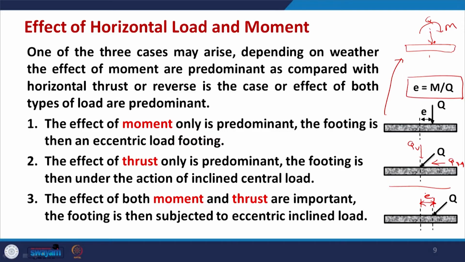You are replacing the moment with eccentricity, and eccentricity can be worked out with the given value of moment and Q. Here you need to understand that in the given problem you have a vertical load Q acting at the center as well as moment M acting at the center, which is equivalent to a vertical load acting at eccentricity E. This figure shows the footing under the action of load Q acting with eccentricity E.